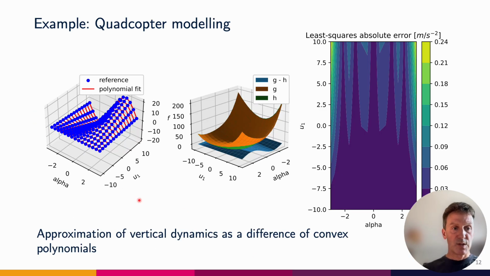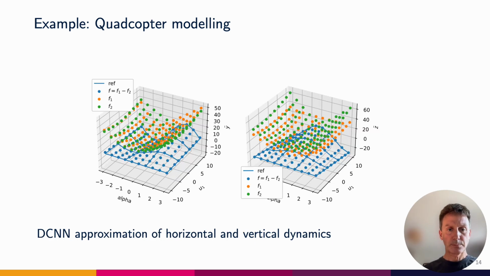So these plots show the approximation for the vertical dynamics that's obtained using a difference of convex polynomials, and you can see here the error plot that we get as a function of alpha and control input U1. So these plots show the DCNN approximation of the horizontal and vertical dynamics.